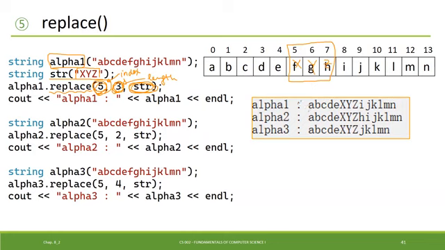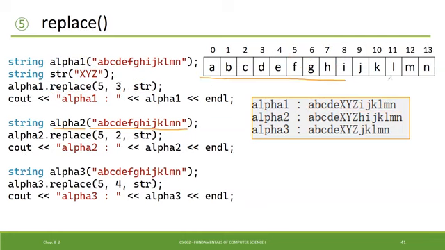So alpha 1 will have a, b, c, d, e, and xyz. And the rest are the same, i, j, k, l, m, n. It's the same thing. Now look at alpha 2. Alpha 2 is also the same string.